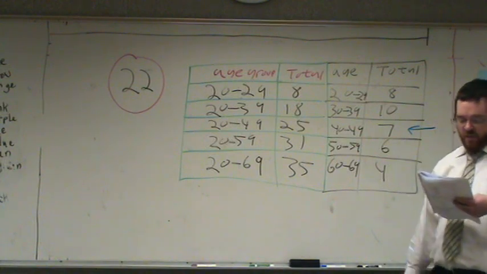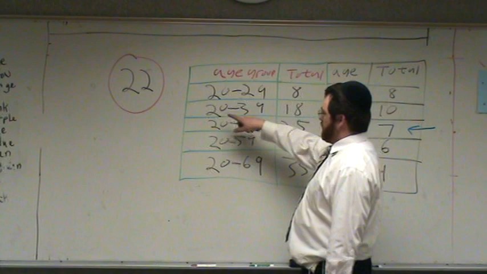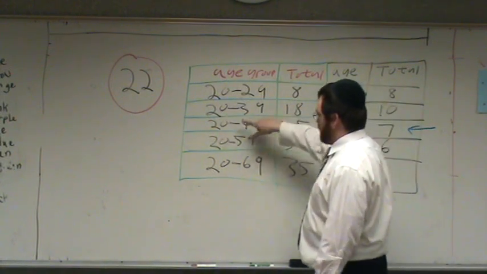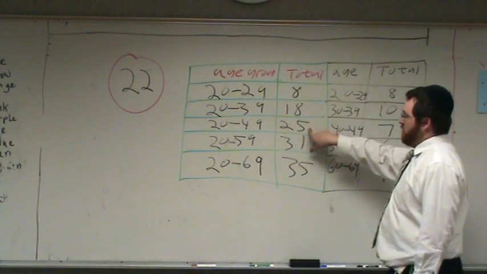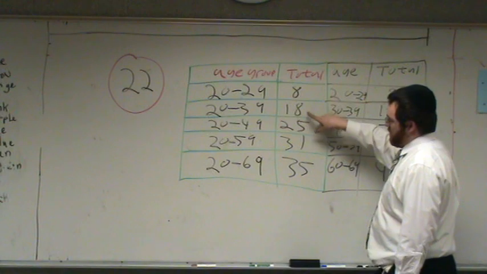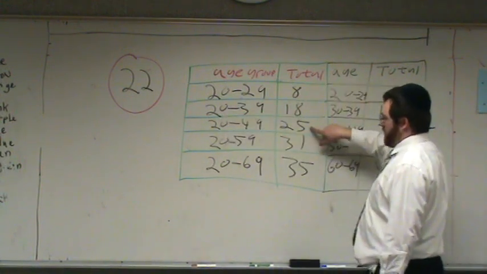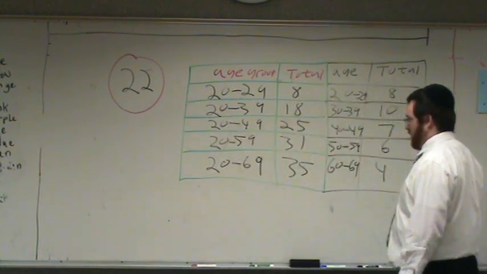According to the table, how many runners are in their 40s? Well, let's look. From 20 to 39, you have 18. And from 20 to 49, you have 25. So if you subtract the people from 20 to 39 from the 25, you'll be left with the people from 40 to 49.